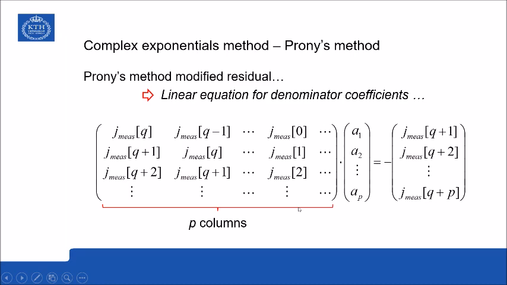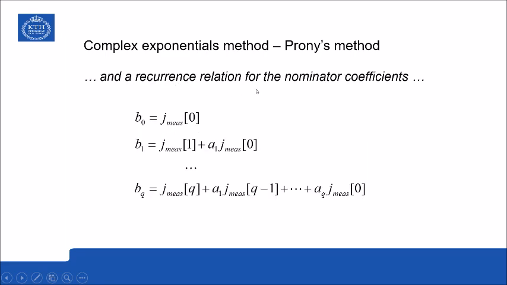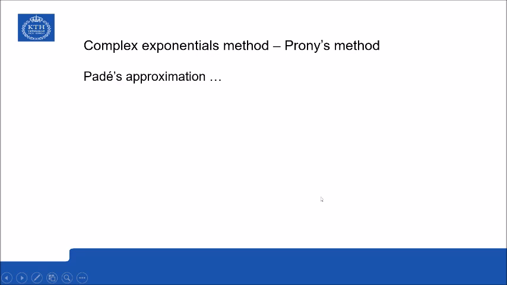Because when we have solved this equation and obtained the denominator filter coefficients, we can use a recurrence relation to determine the numerator coefficients. The recurrence relation contains the measured impulse response functions and the denominator coefficients. So, how do we build this linear system of equations for the denominator coefficients?